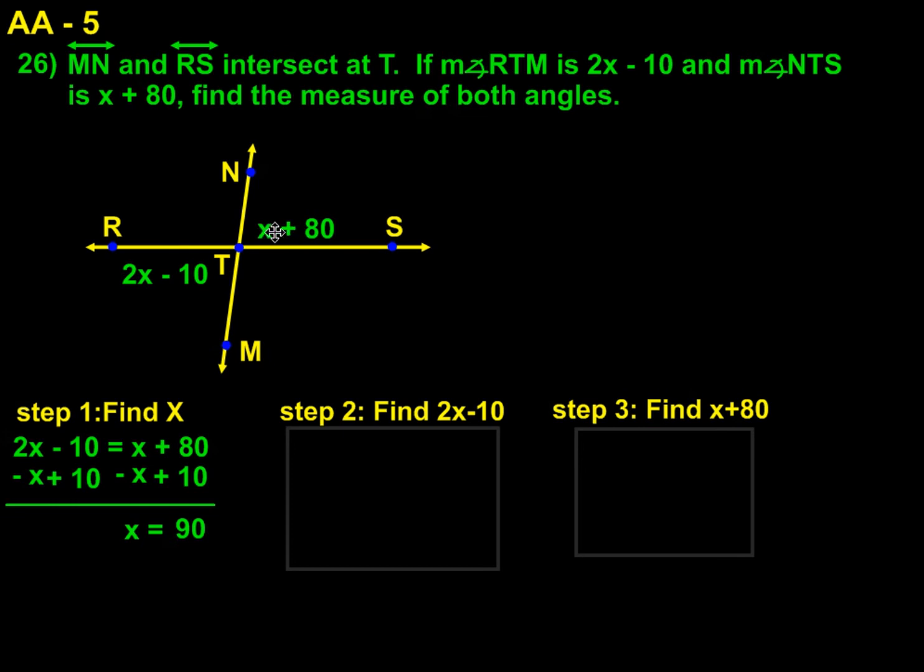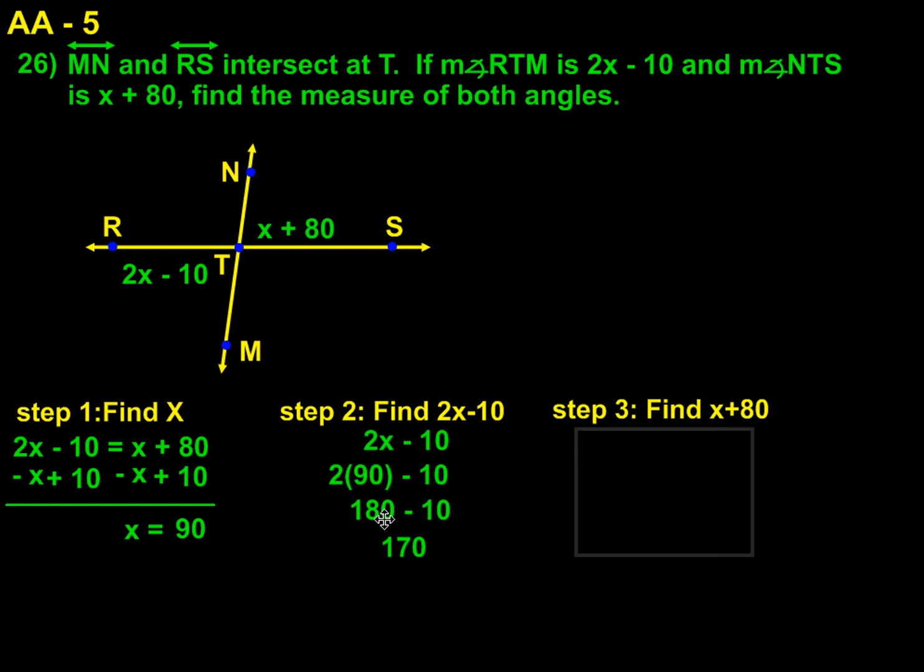And again, knowing full well that because these are vertical angles, they should work out to be the same answer. So we have 2x minus 10, 2 times 90 minus 10, or 180 minus 10, which works out to be 170. And if we plug that same value of 90 into x plus 80, we have 90 plus 80, which equals 170. So we can see the values were the same for both.